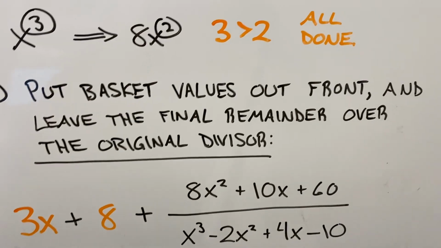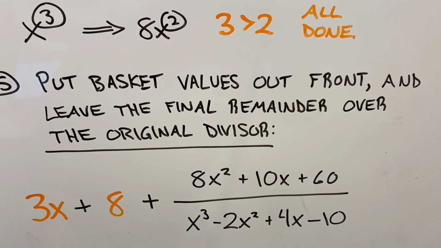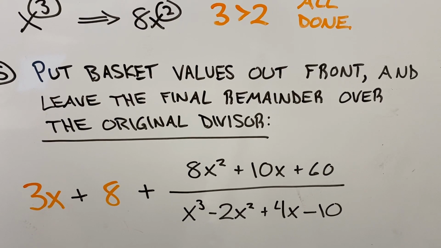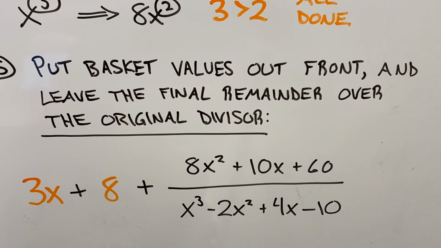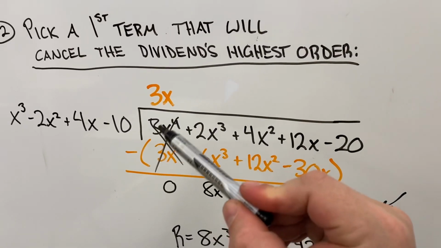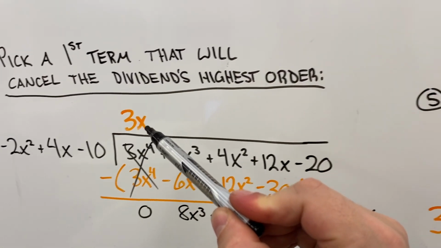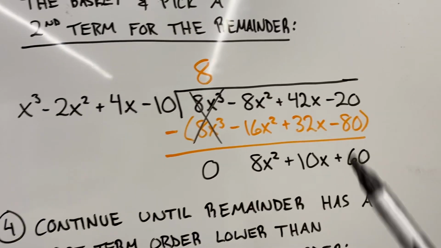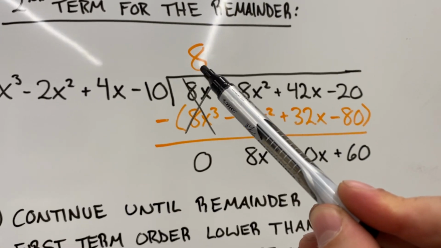Lastly, we're going to pull our basket values out front, and we're going to leave the final remainder over the original divisor. So as you can recall, our first basket value was 3x. And then our second basket value was 8.